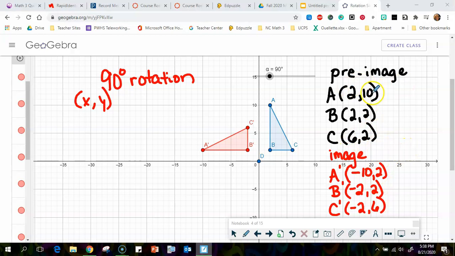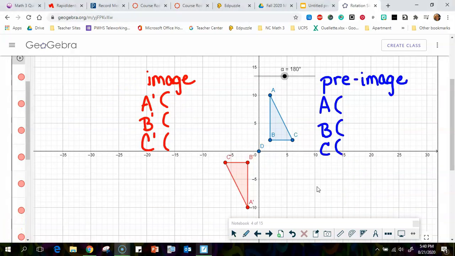The two numbers switch, and the y is the opposite of what it was. So we will make a rule here that on a 90-degree rotation, x, y changes to the opposite of y and then x.